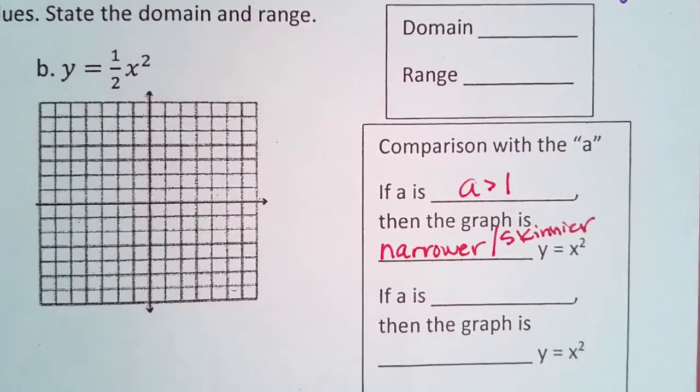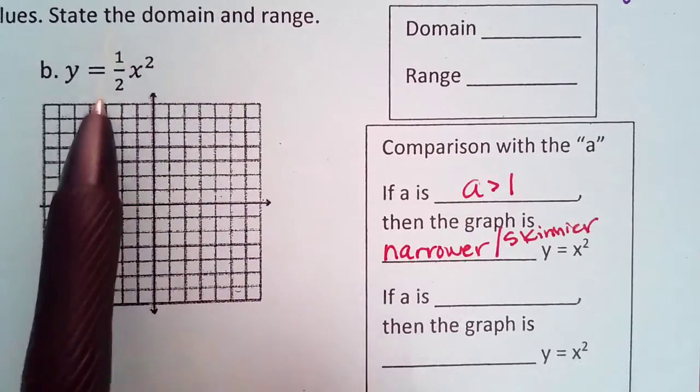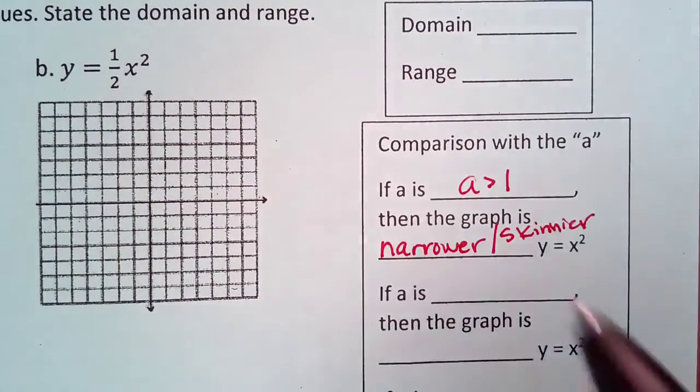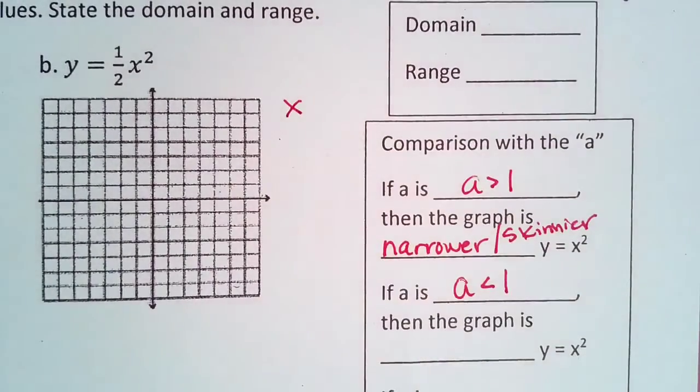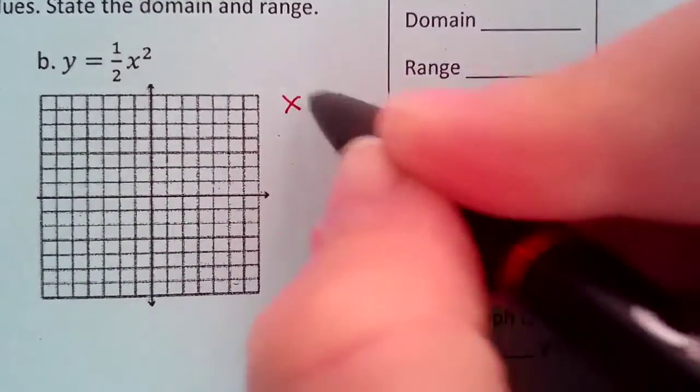So let's look what happens when the A is a half, a fraction. So if A is less than 1, any ideas what we think might happen? It would be what? Wider. Yep. Let's create our table.